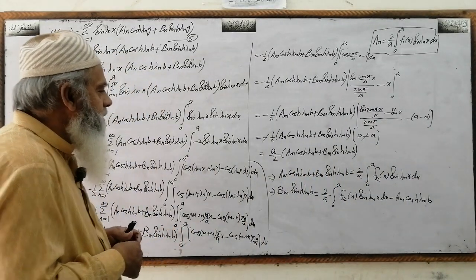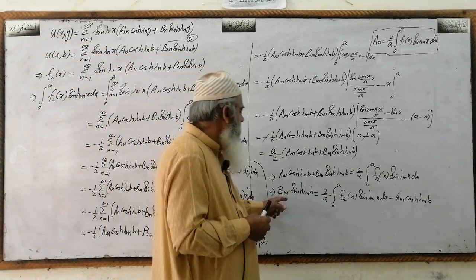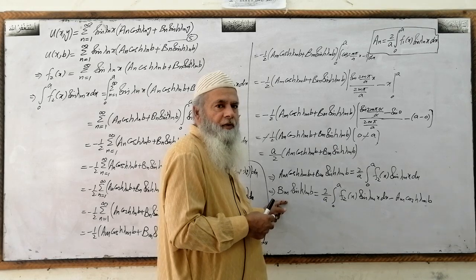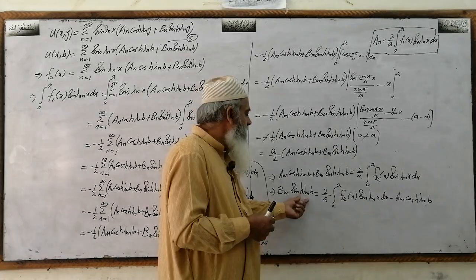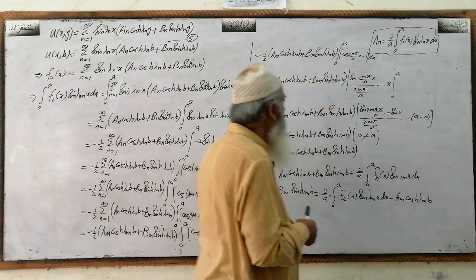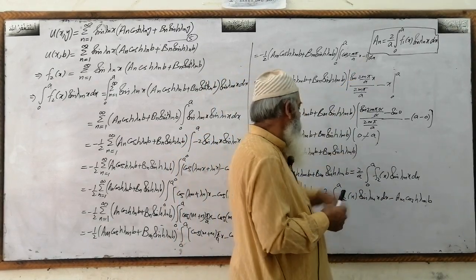Now we have to find the value of bn. Just replace m by n and take this one on the right hand side and use the value of an, which I have written here.